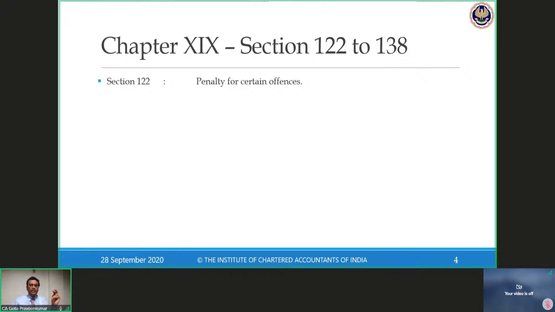So section 122 to section 138 at a macro level, when I see what there is for us to read: section 122, this is one section on which I would spend at least 15 to 30 minutes, along with an example, where you will get all the nuances of the GST law covered in detail. Like a master batsman, section 122 is my opening master batsman for penal provisions. A must read, especially if you're inclined to get into practice, if you're inclined to become a consultant.